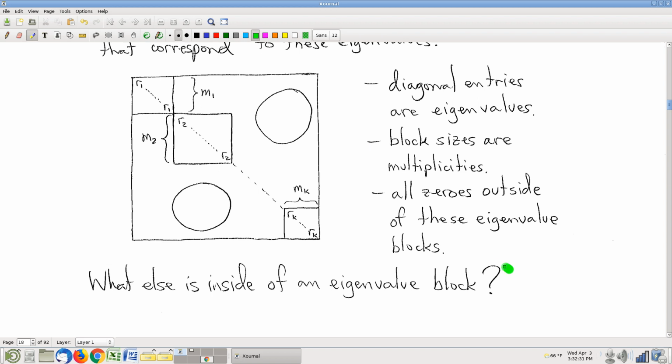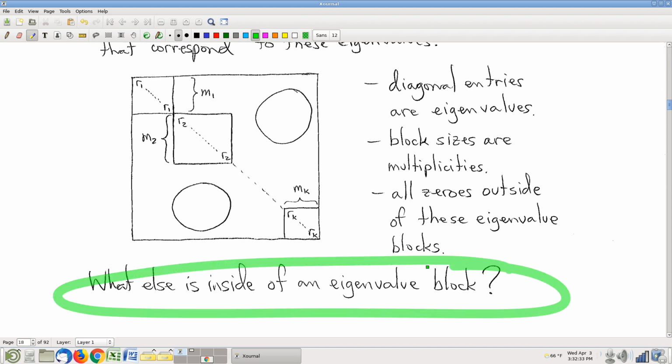So next question, what's inside of an eigenvalue block? Can these just be any numbers at all, or what's the rule? There are more rules for what is inside of the eigenvalue block. By the way, then there's rules for what's inside of that. We're going to be doing kind of a chemistry, if you will, sort of Jordan canonical form. Remember, in chemistry, you have molecules.